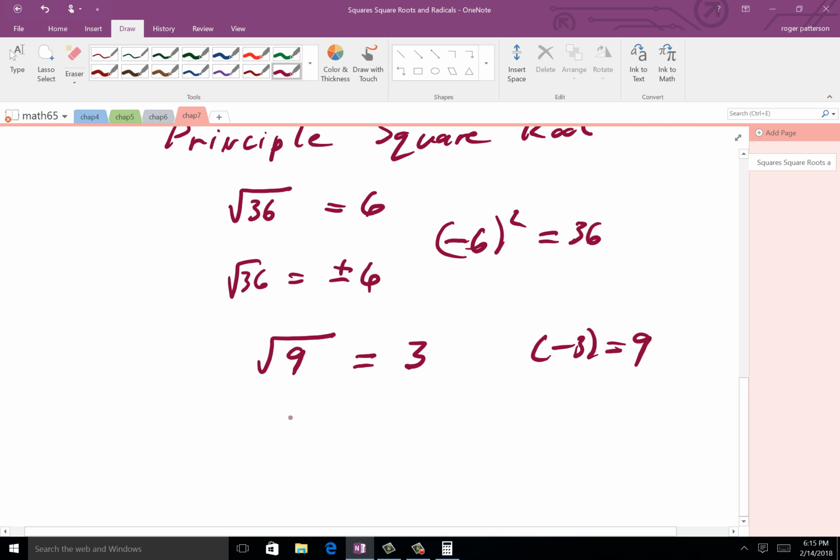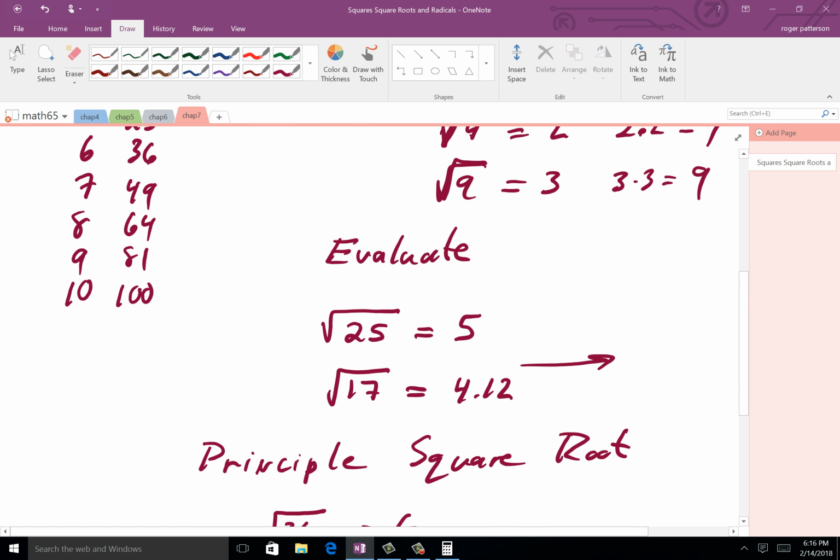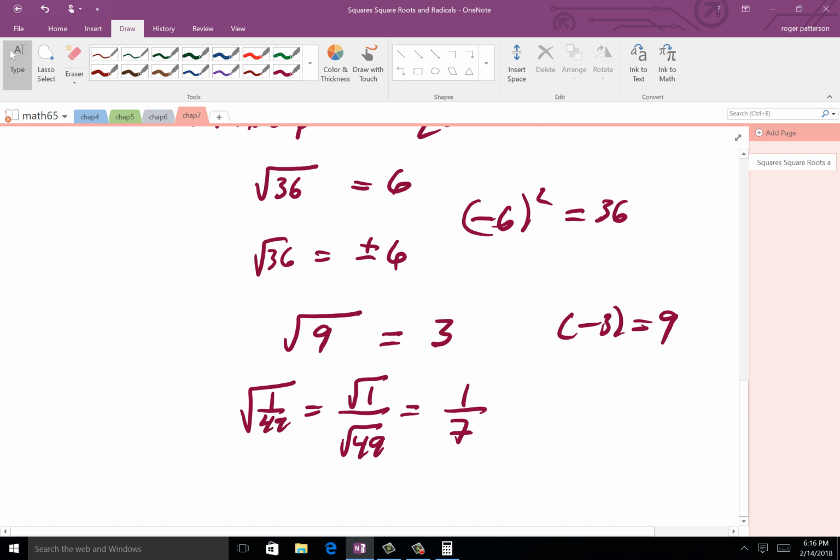I'm just looking at some of these other ones here. We can have a square root of a fraction. In this case, you would go square root of 1 over the square root of 49, 1 over 7. Again, that 49 is up here.